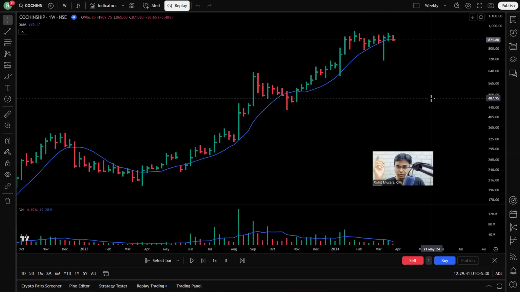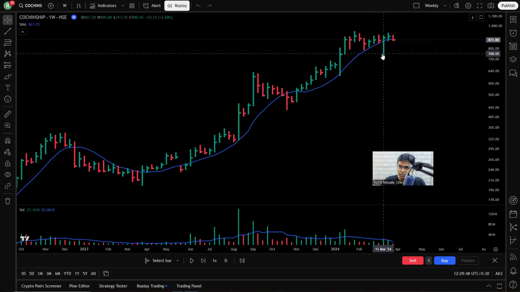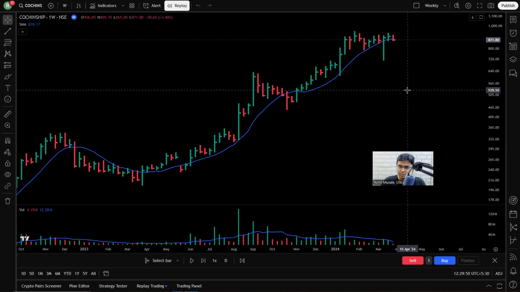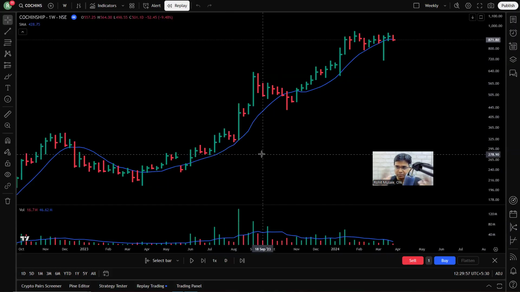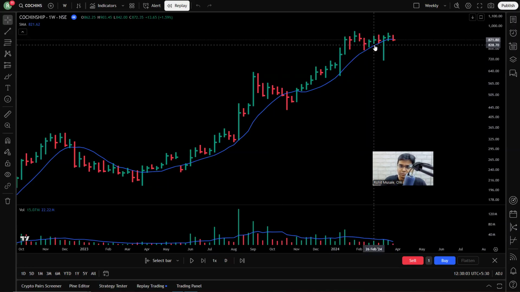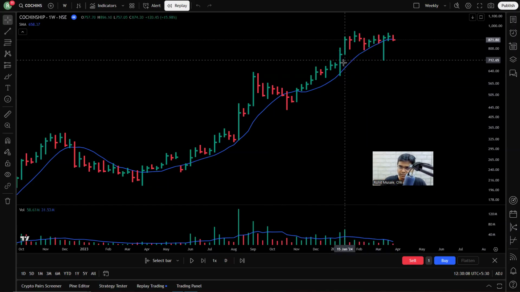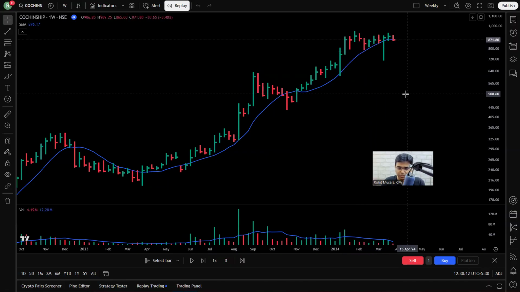Now, there is no definition of big or small. It is all relative. For example, compared to this bar, all the other bars in the base are small. Compared to this bar, these bars are small. Okay, so when I say big or small, I am talking about relatively big, relatively small. So you see relatively small spreads inside the base compared to recent bars like this bar, or this bar, relatively small spread.